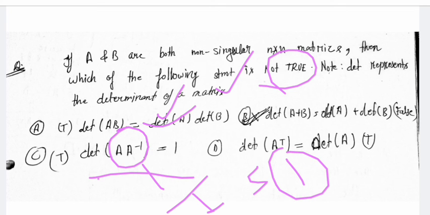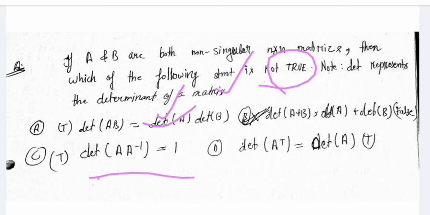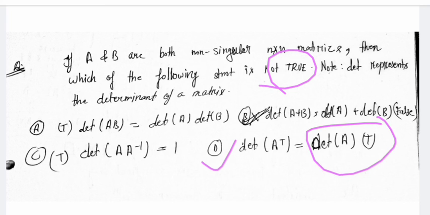Now come to option D. Here option D is determinant of A transpose equal to determinant of A. So yes, it is always true, because the determinants of a matrix and its transpose are equal. So this statement is also true.